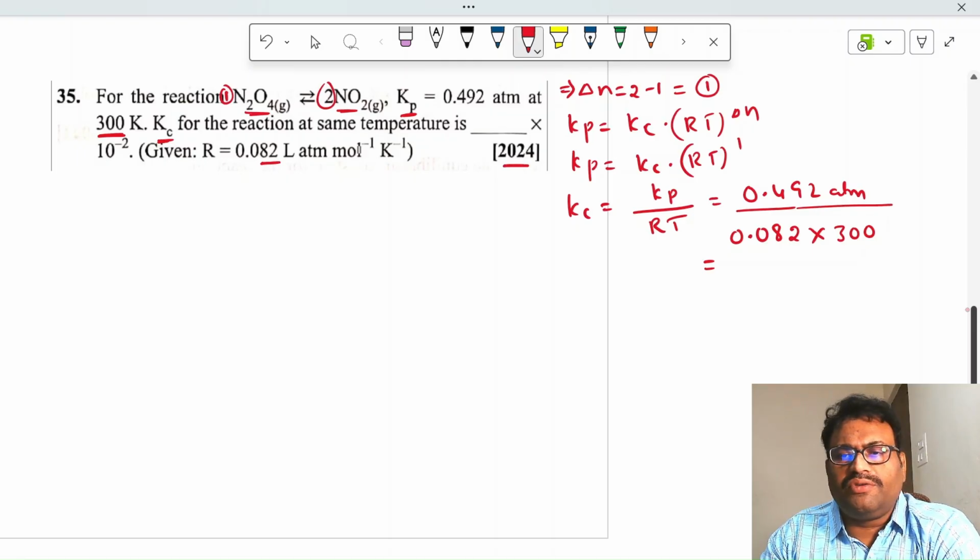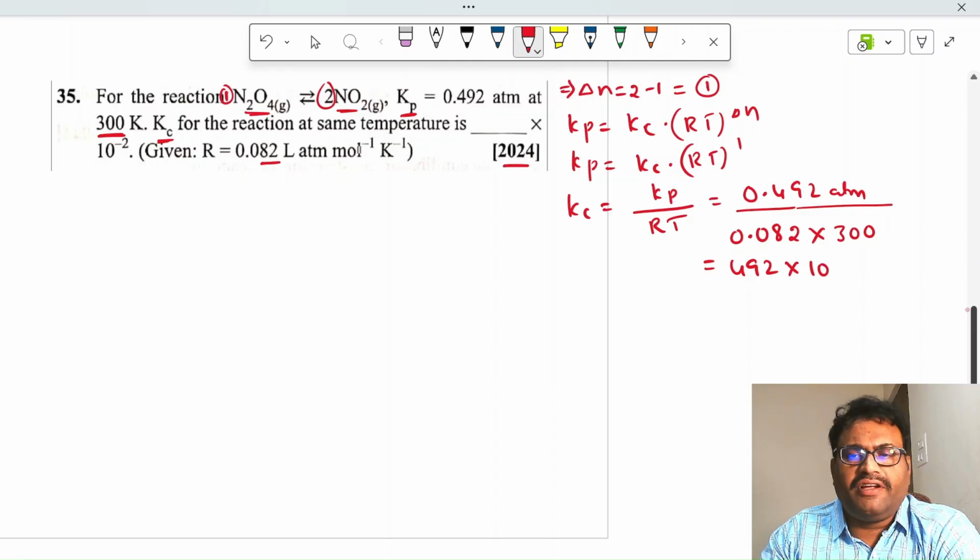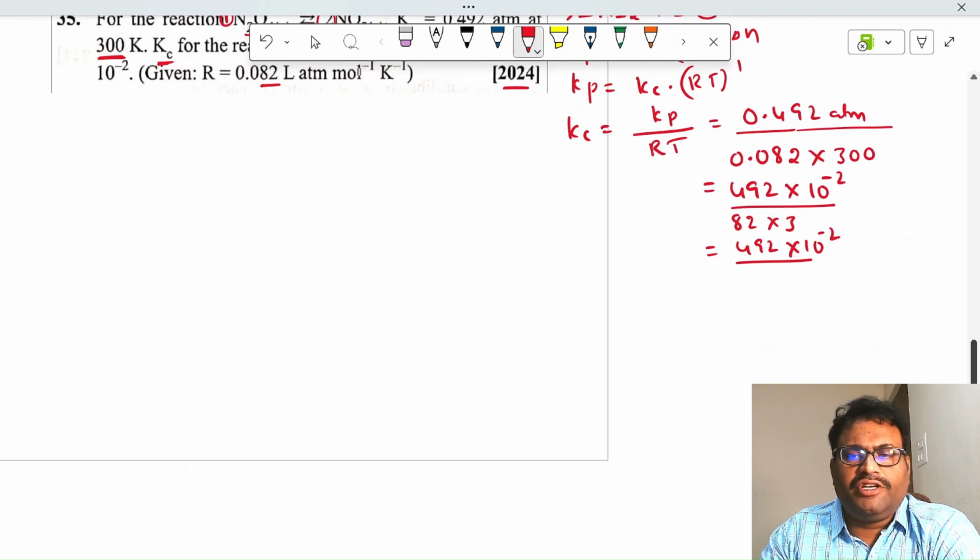So on substituting this, I can write 492 into 10 power minus 2 by 82 into 3. 3 times 8 is 24, so 246, 492, 46 to 92.